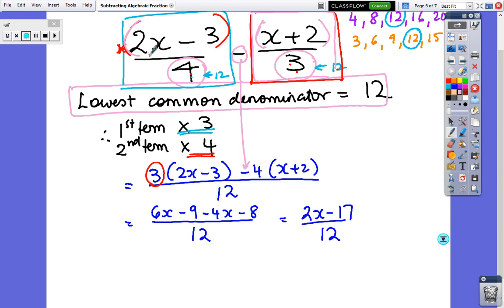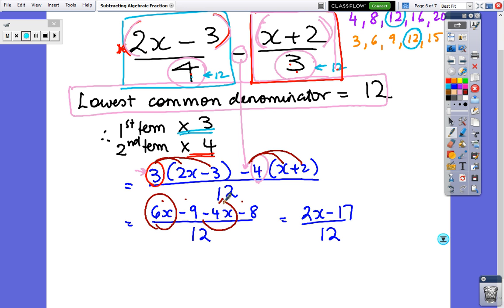So you're putting a bracket around this number, and you're putting a bracket around this number, and you're multiplying the first by 3 and the second by 4. And then we just use the expansion. 3 times 2 is 6, 3 times minus 3 is minus 9, minus 4 times x is minus 4x, minus 4 times 2 is minus 8.